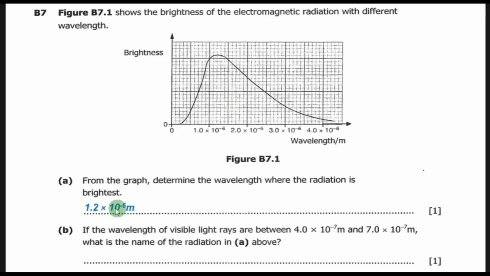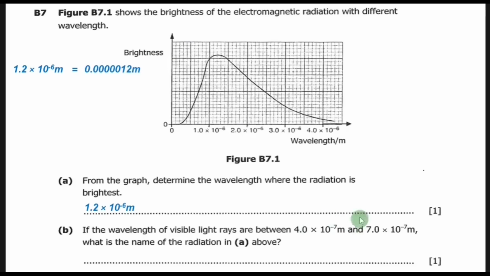For us to know this, first let's line up this value in a way we understand better. We know that 1.2 times 10 to the power negative 6, written in another form, is 0.0000012 meters.